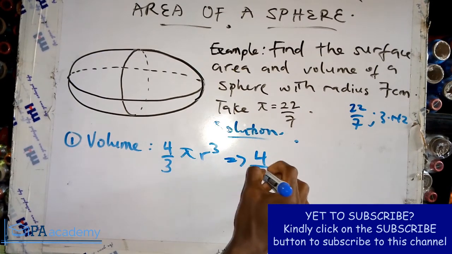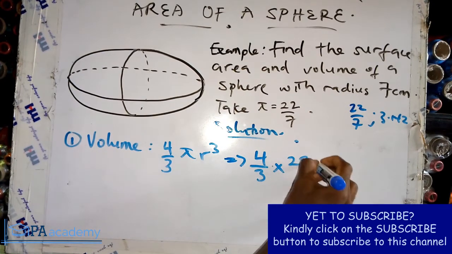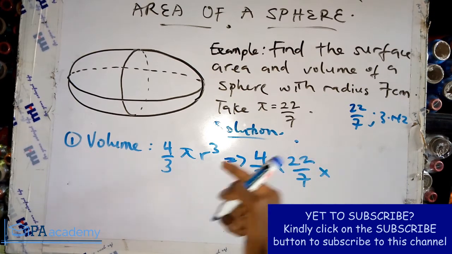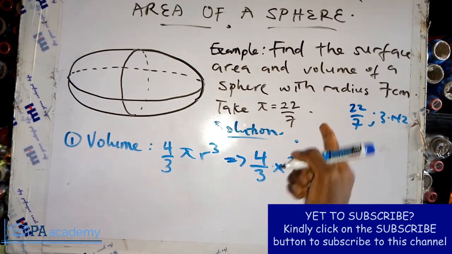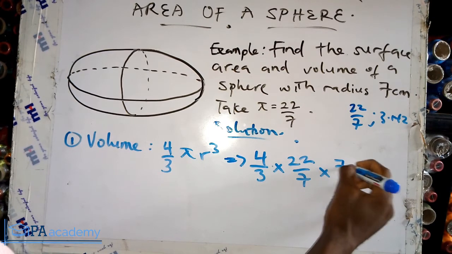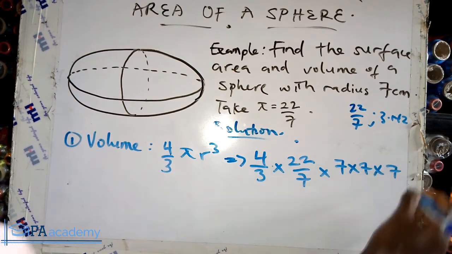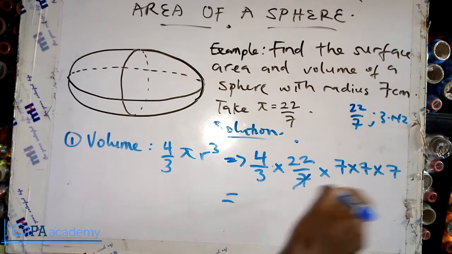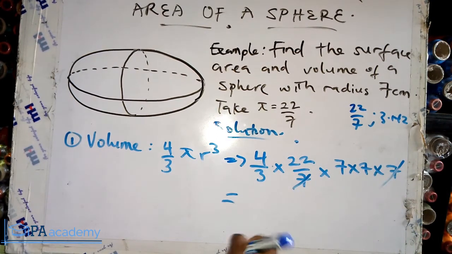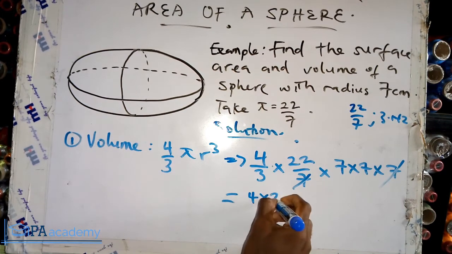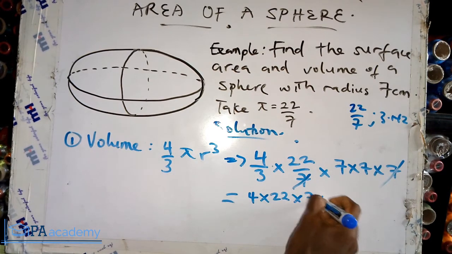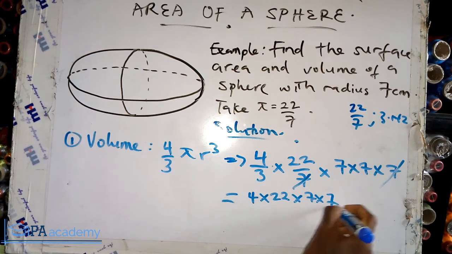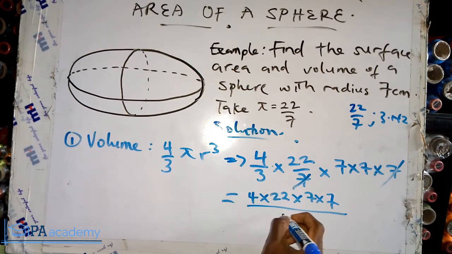That will be 4/3 times 22/7 times our radius, 7 raised to power 3. That's 7 times 7 times 7. If you simplify this, this 7 can divide this 7. So we'll be left with 4 times 22 times 7 times 7 over 3.